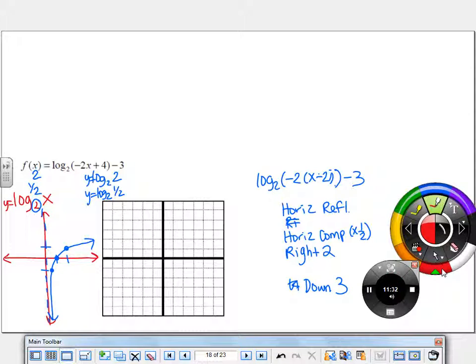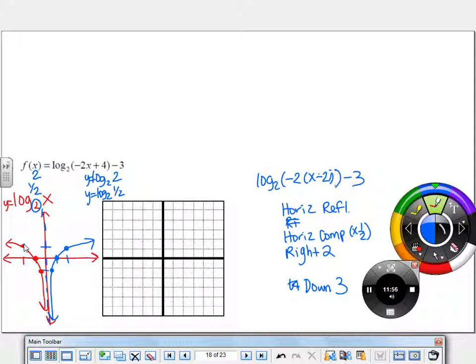So horizontal reflection is going to take and flip everything over the y-axis. So all these points are going to move onto the other side, as we see here. Then for the horizontal compression, this means things are moving back towards the asymptote, okay? So times 1/2.